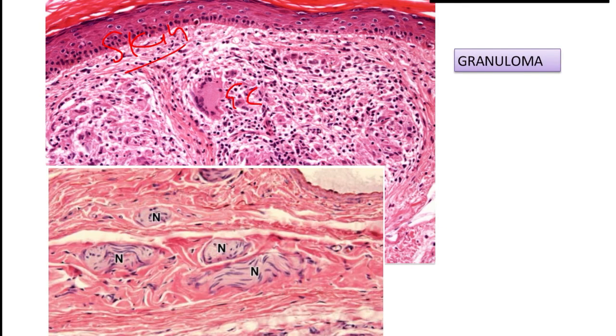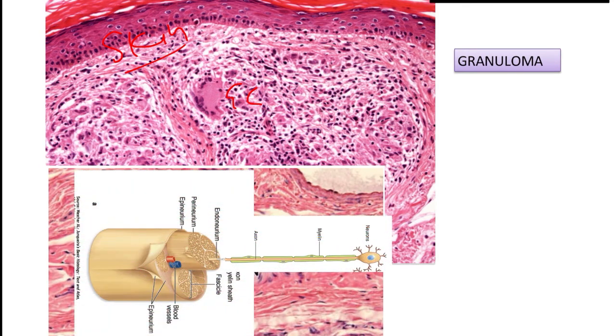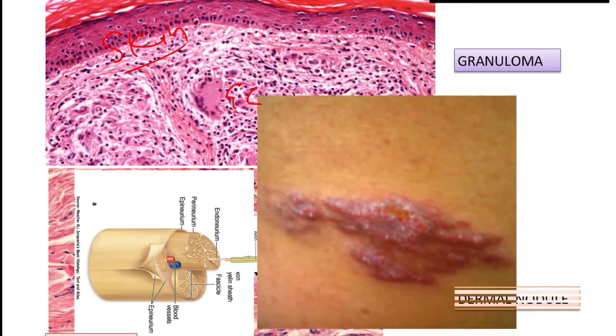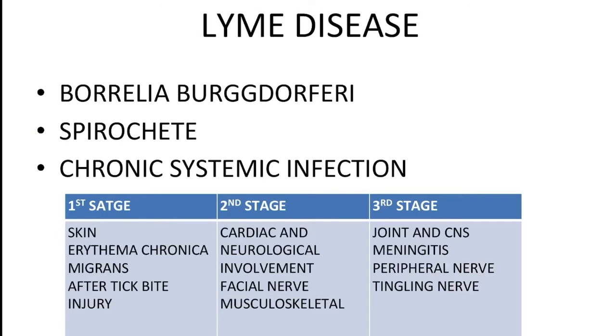This is the histologically nerve bundle you can see under the skin, and it is invaded by the infection. So cutaneous nerve injury is there under the skin, endoneurial and perineurial fibrosis, and so it appears like a dermal nodule clinically. So these are the tuberculoid and the lepromatous leprosy lesions.